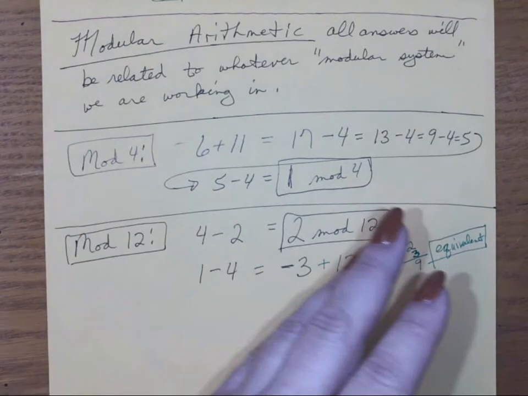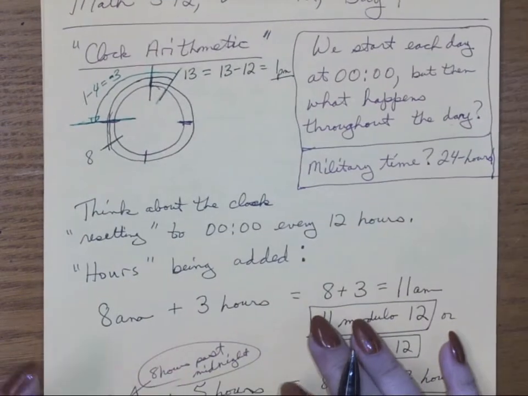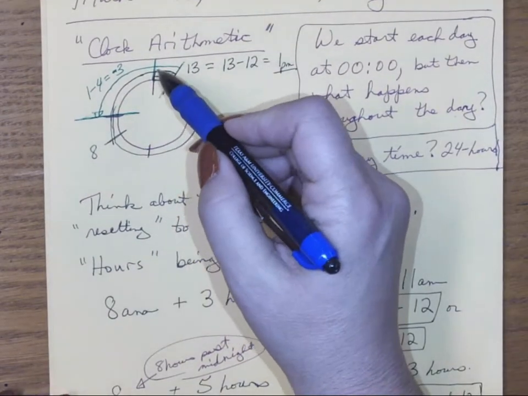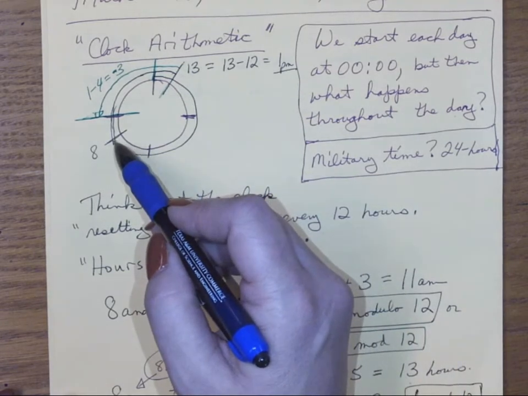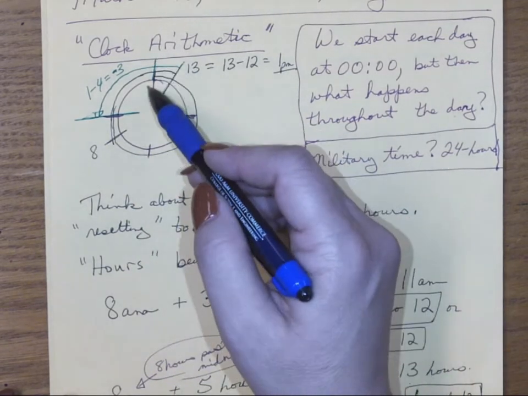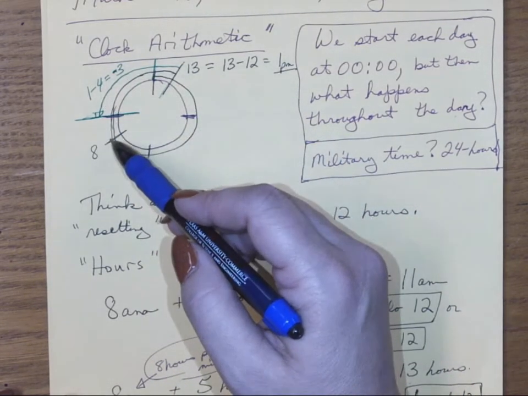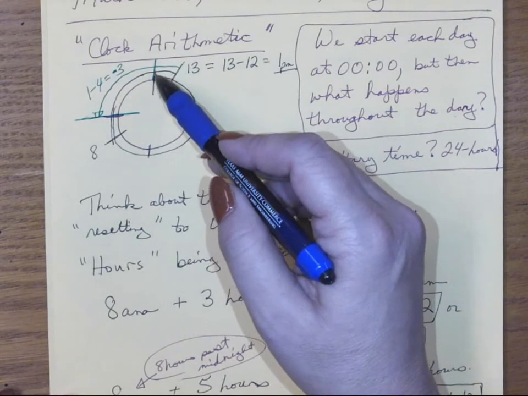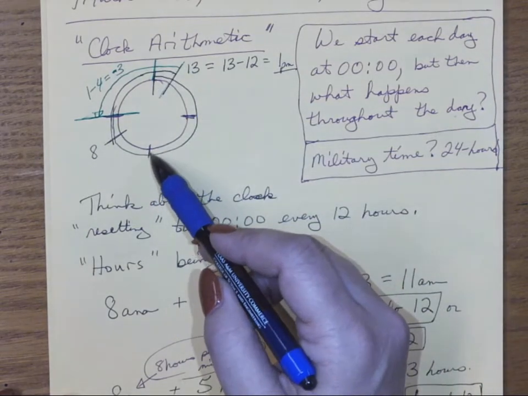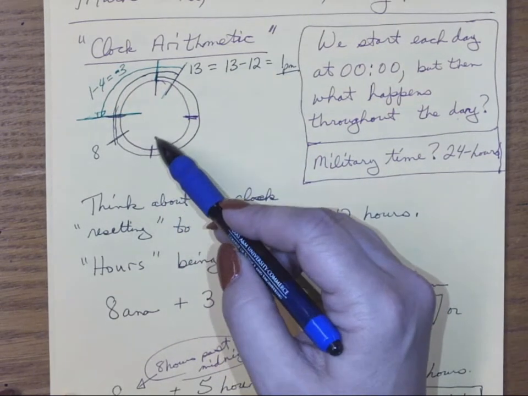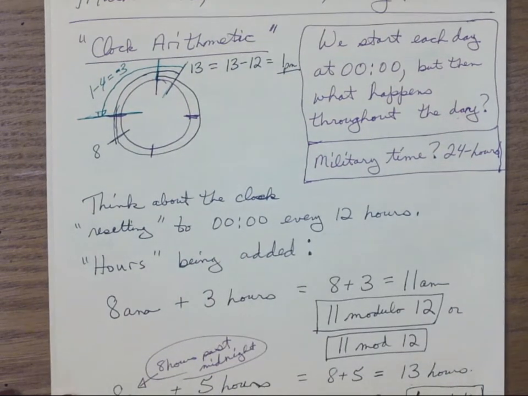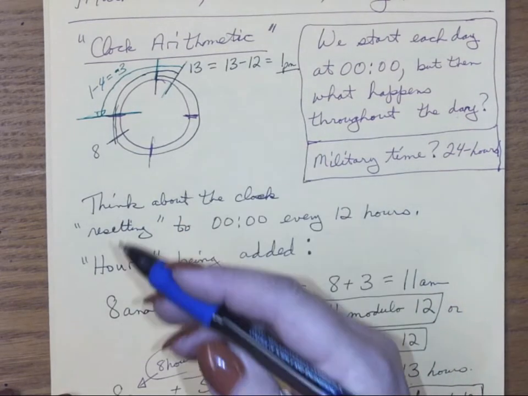So basically what we're thinking is, if we started at midnight, and I added 8 hours, that's equivalent to starting at midnight and subtracting 4. Okay. Or starting at midnight and adding 6 hours is equivalent to starting at midnight and subtracting 6 hours. Okay, so the kind of cool thing is it doesn't matter which direction I go, and I'm not going to call that a negative 6, right?